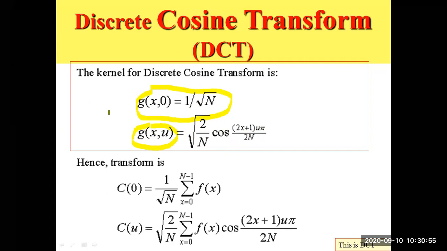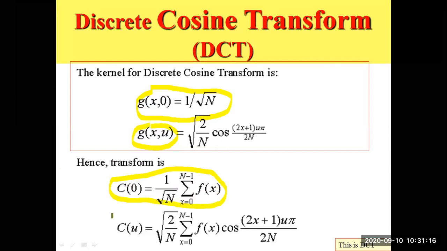For the transform, this is the input side, and c of 0 equals 1 by square root of n into the sum over x equal to 0 to n minus 1 of f of x. This forms the discrete cosine transform at 0.